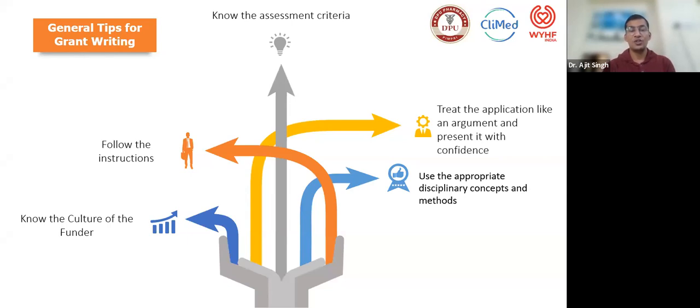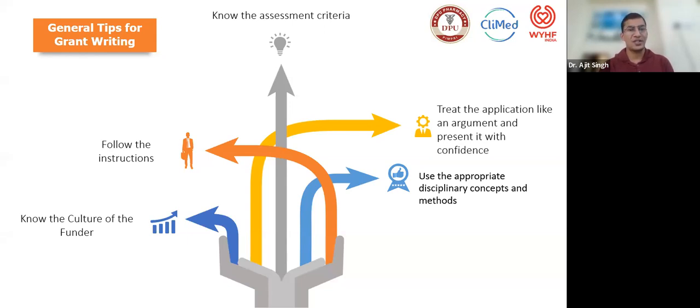Your proposal should convey your confidence, like you are the only person who can do this, you are the only person to pursue it. And your proposal is the only proposal that will fit whatever requirements they're asking for. So you should be confident about this, not overconfident, but confident. Okay, and then use the appropriate disciplinary concepts and methods.